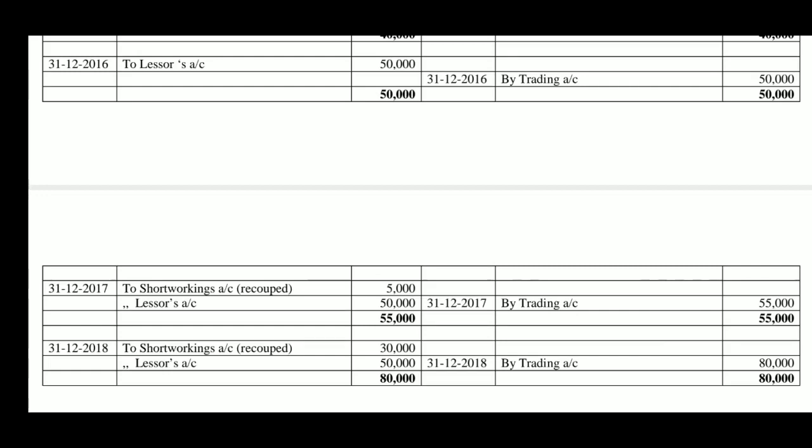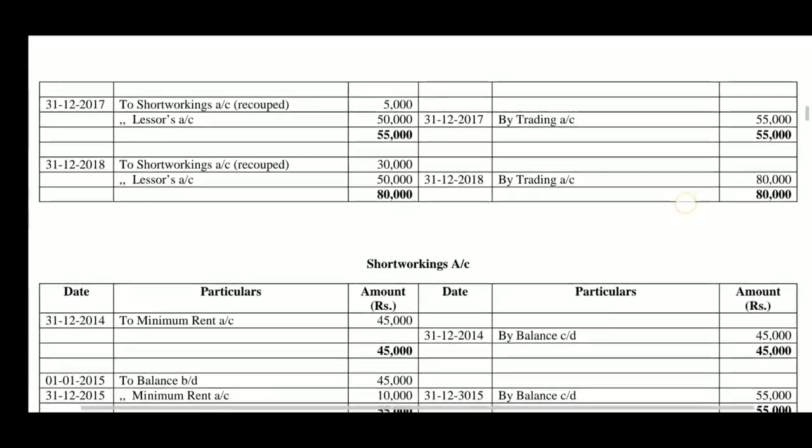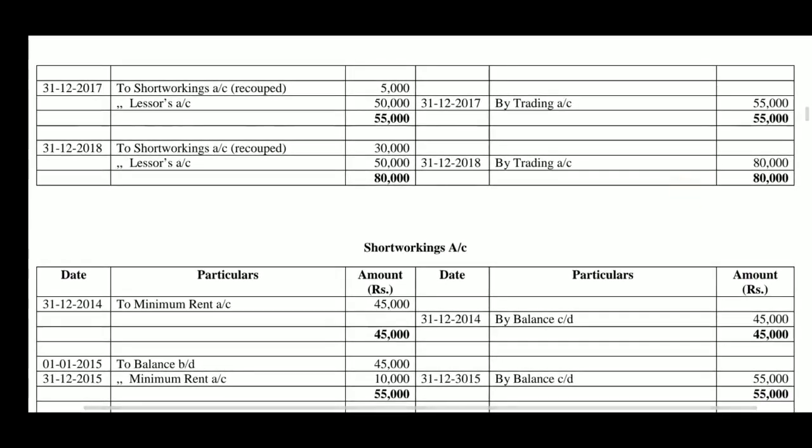So, royalty account debtor to short workings account with the amount of recoupment 5,000, to lessor's account balance payable 50,000. Then ultimately royalty of 55,000 is transferred to the trading account, by trading account 55,000.